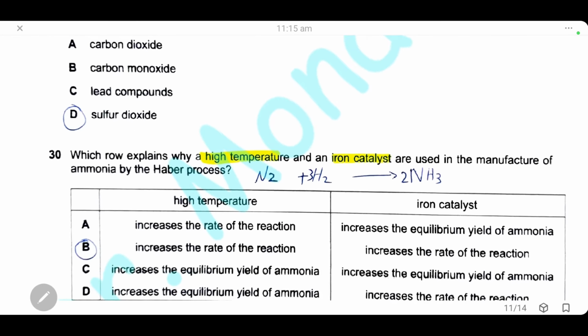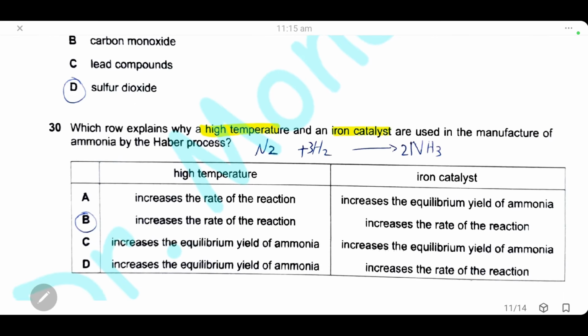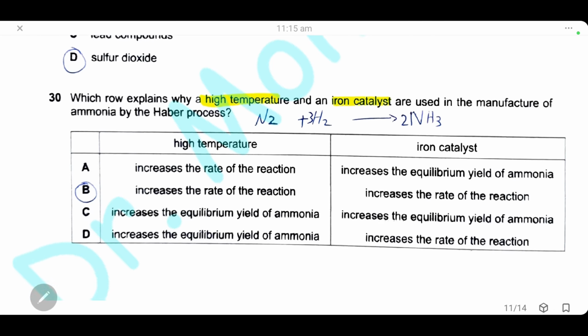Question 30. Which row explains why we use high temperature and an iron catalyst in the manufacture of ammonia in the Haber process? This is the equation of the Haber process: nitrogen plus hydrogen gives ammonia. Why are we using high temperature and an iron catalyst?